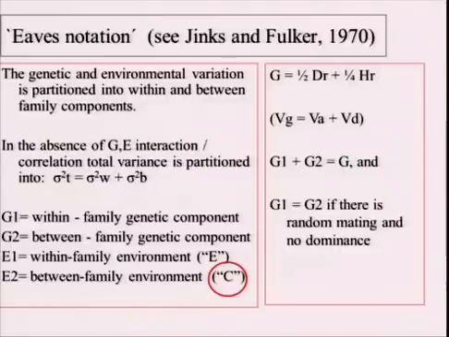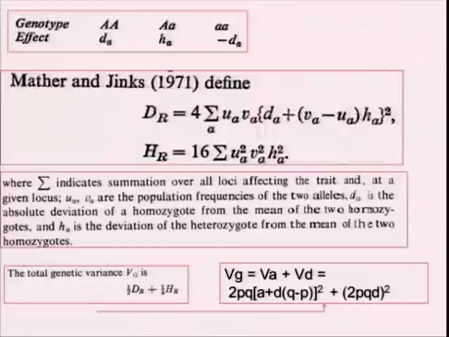The other bit you need to know is that the total genetic variance is 1/2 of D, so not all of D, and it is only 1/4 of this particular bit that refers to the dominant genetic variance. As I said, E1 in Jinks' notation refers to within-family environment, and E2 refers to what we now call C, the common environment.